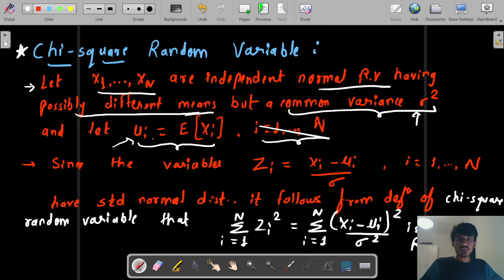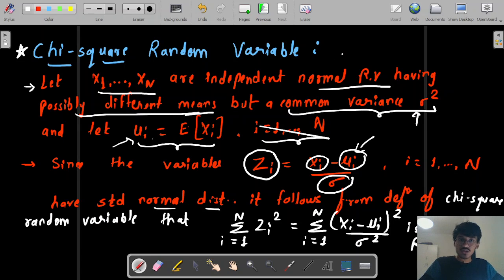For all of the independent normal random variables, we know that whenever we subtract the mean from the random variable and divide it by its standard deviation, the new random variable Zi will have a standard normal distribution.